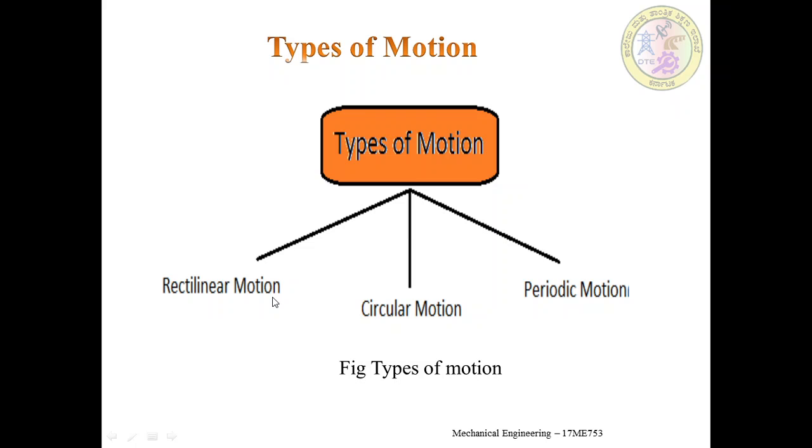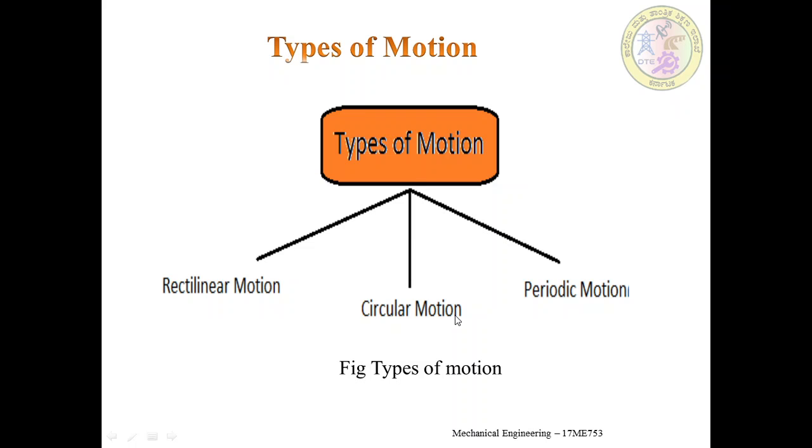Next, the second type is circular motion. Some objects are moving even though they are fixed at some position. Here the fan undergoes circular motion. In a circular motion, the objects follow a circular path of motion without changing their position.